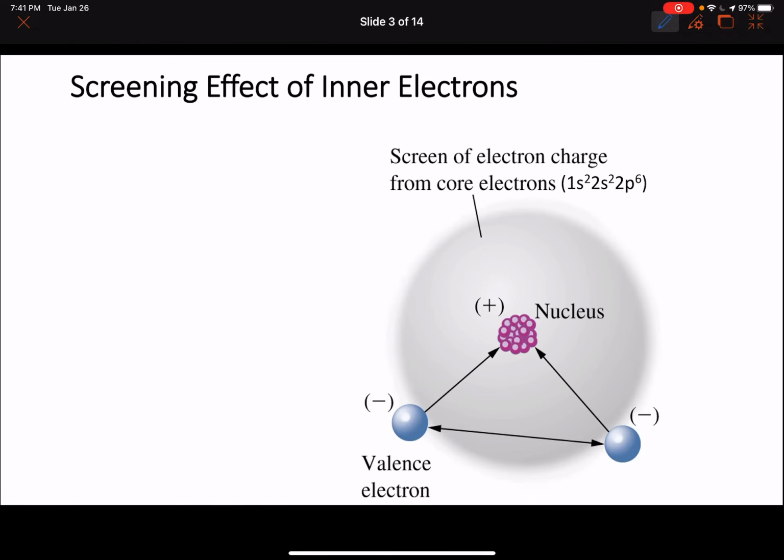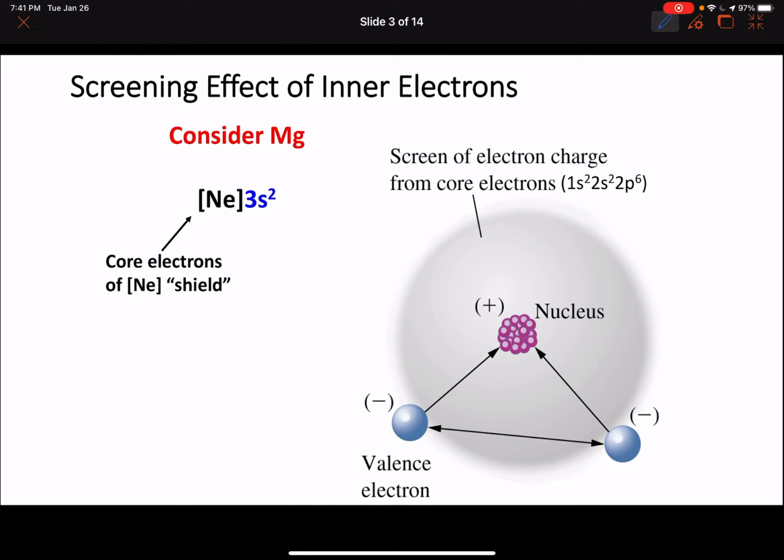Okay, so let's look at that a little bit. So here's that same example for magnesium. We've just covered the idea that the neon noble gas core is what we show to be the screen. So that is this kind of diffuse gray area in our diagram at right that is helping to kind of cancel out, quote unquote, protons in the nucleus that the valence electrons would otherwise be attracted to.